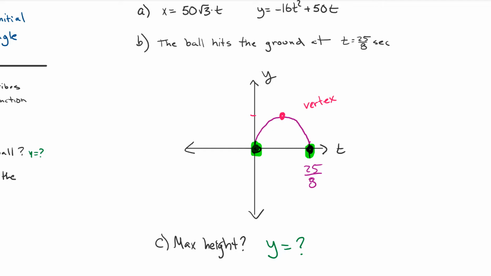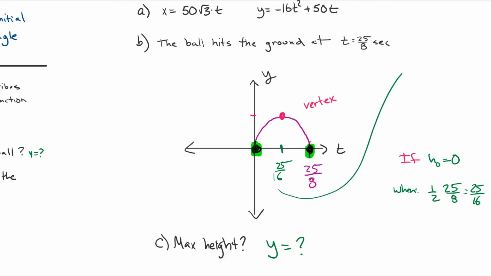So if your initial height is equal to 0, then it lies right in the middle of 25 over 8. We know it hits its maximum height at half, cutting in half how long it takes to hit the ground, or 25 over 16. So that can at least tell us when.